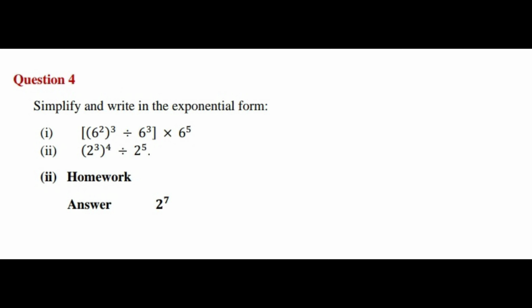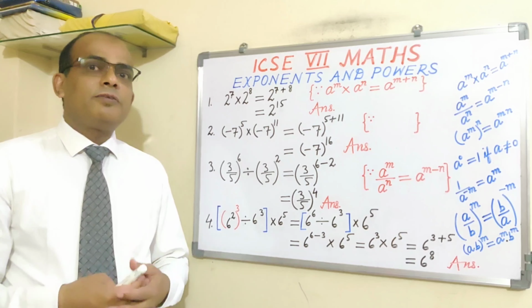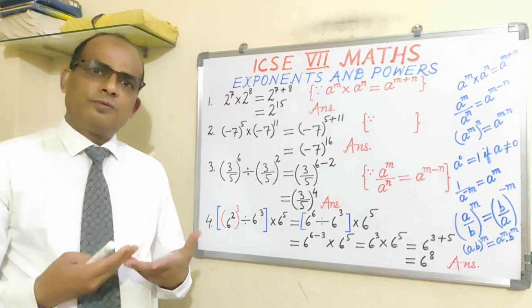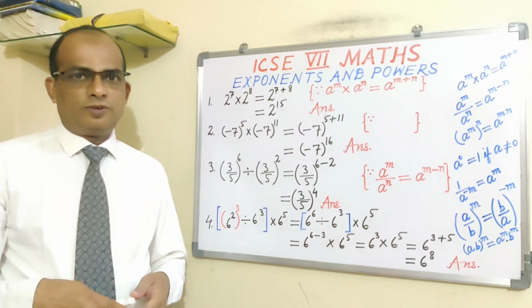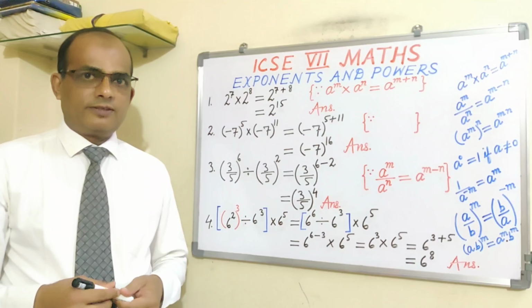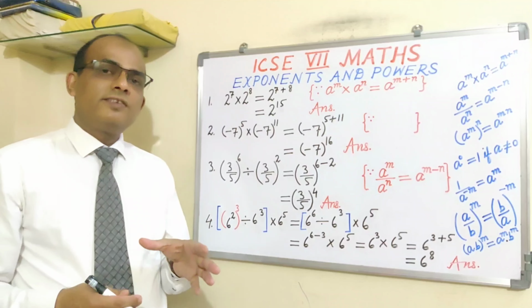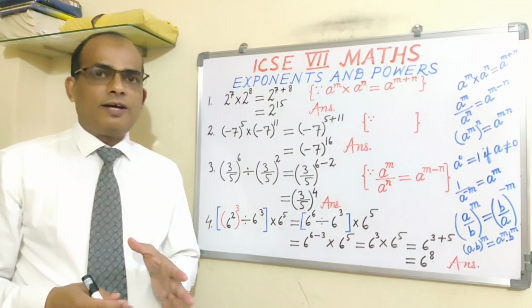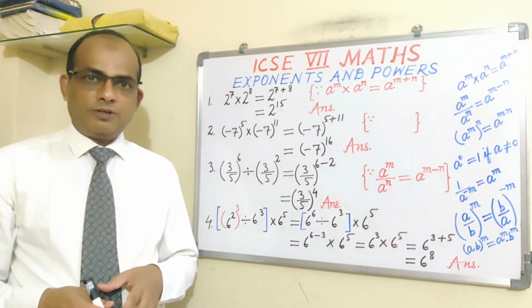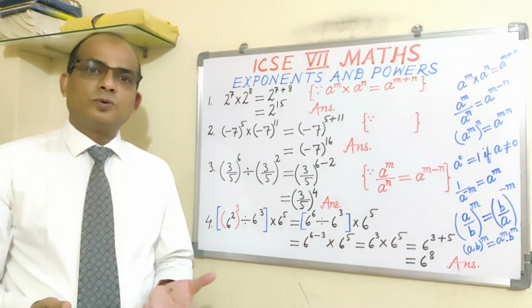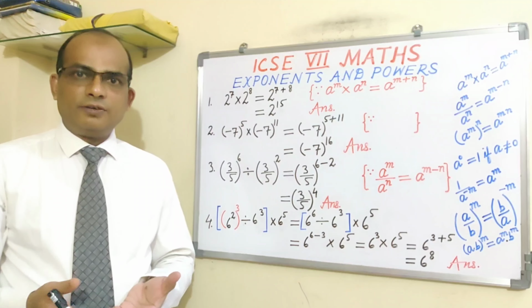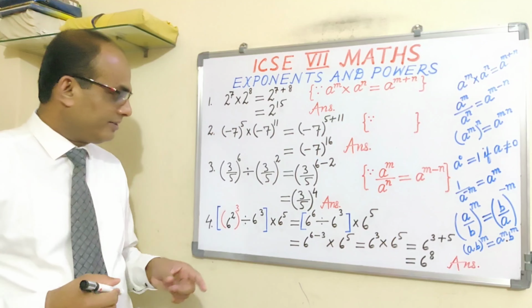We have to simplify and then write it in the exponential form. Simplify means we have to use the laws of indices, laws of exponents. Though they are not saying it, the question says simplify and write in the exponential form, but it goes without saying that we have to use the laws of exponents.